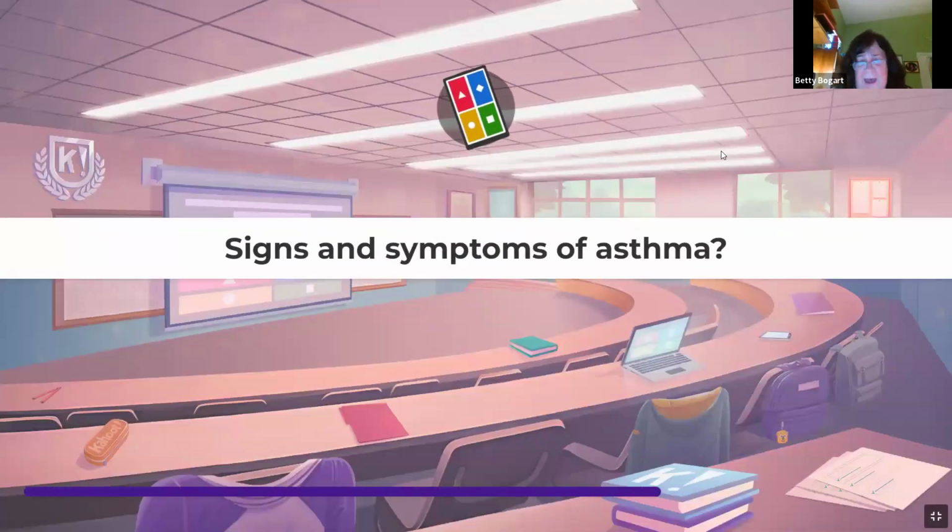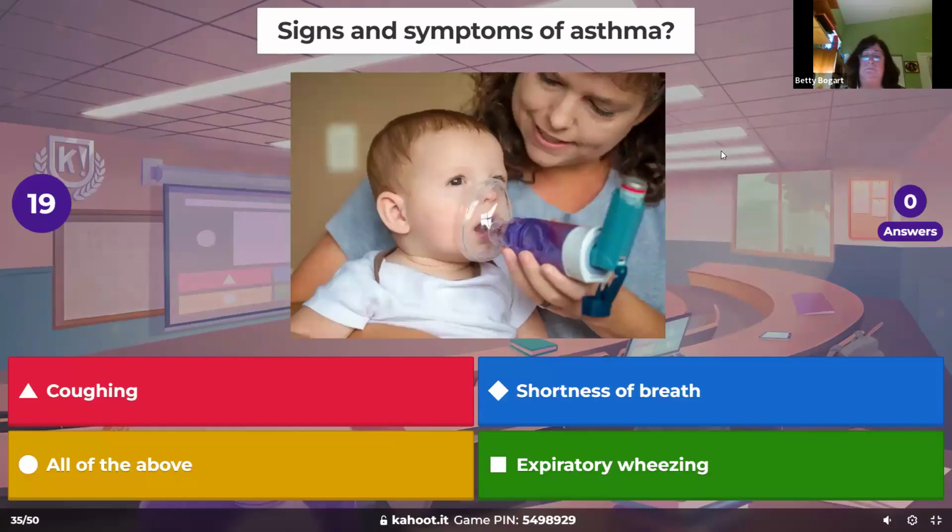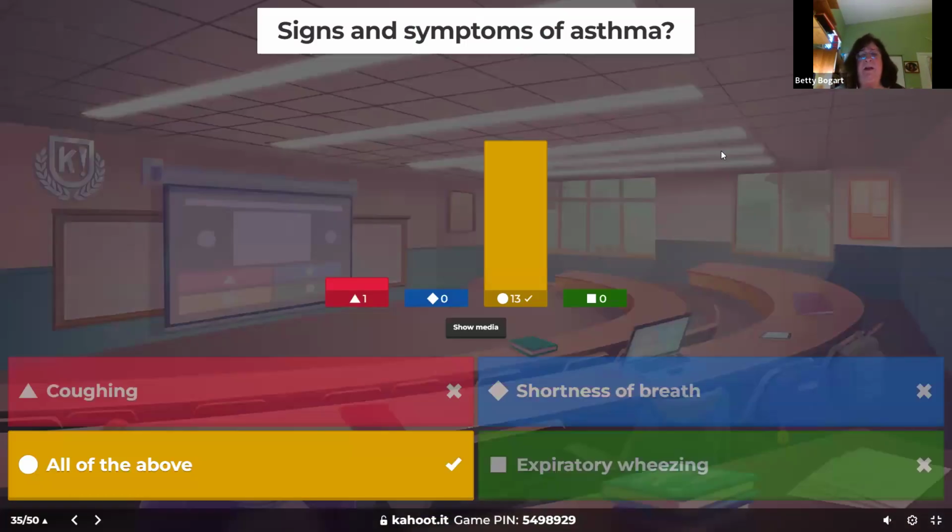Signs and symptoms of asthma. This was on your quiz today, and the answer was asthma. Not bronchiolitis or bronchitis. And the one thing about asthma that you can always know it's asthma, it's that expiratory wheezing.